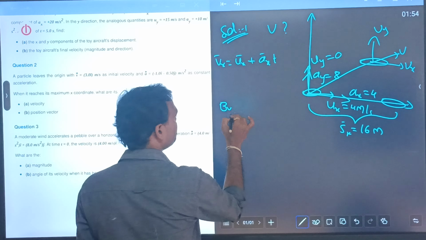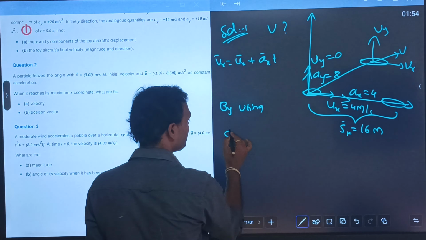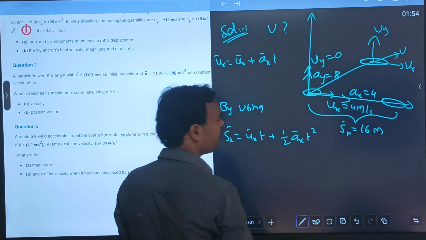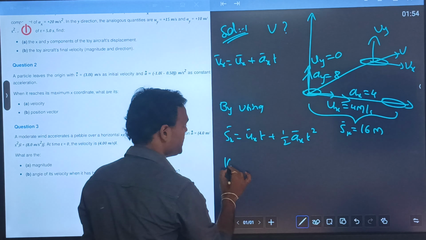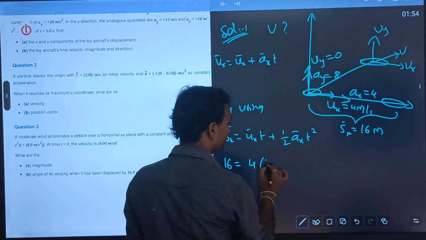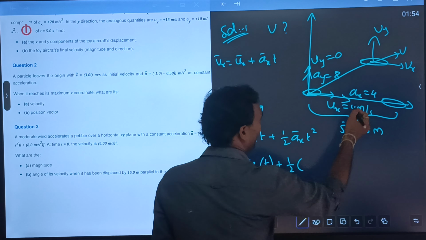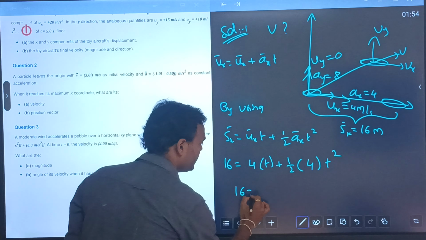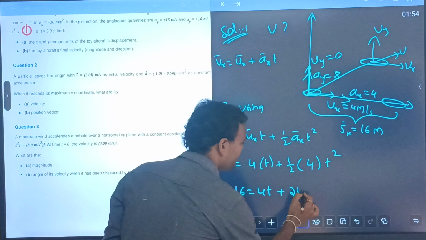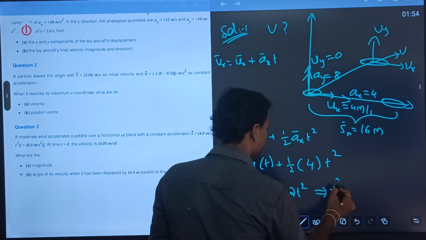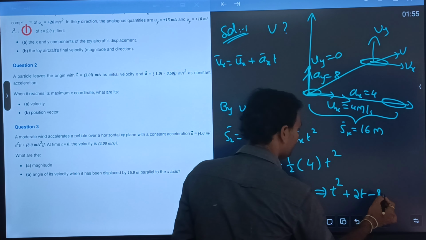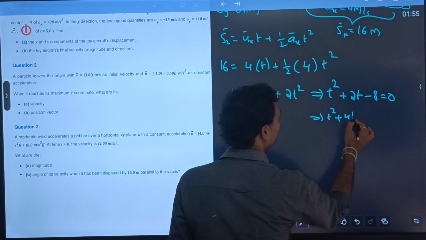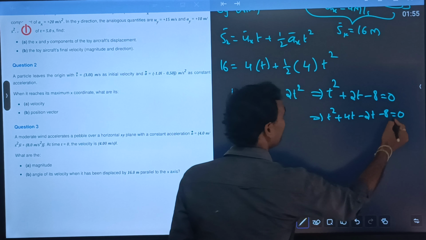So by using Sx is equal to Ux t plus half Ax t square, with Sx equal to 16, Ux equal to 4, and half of acceleration equal to 4 over 2, we get 16 equals 4t plus 2t square, or I can write it as t square plus 2t minus 8 equals 0. Now, t square plus 4t minus 2t minus 8 equals 0.